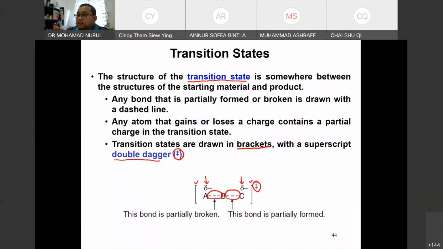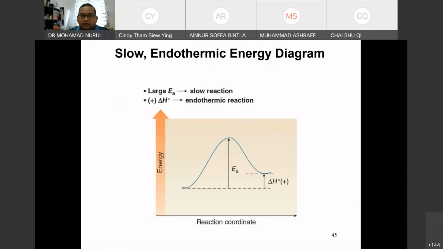So they have four situations in the shape of the energy diagram. The first one is slow and endothermic. Because it's slow, they have a large activation energy, and a positive delta H, so it's endothermic.